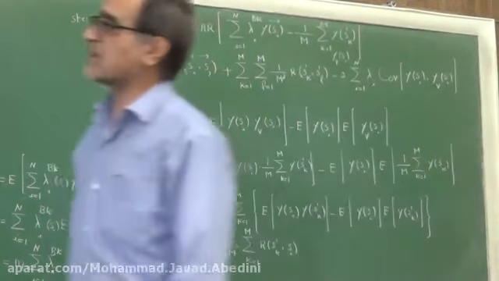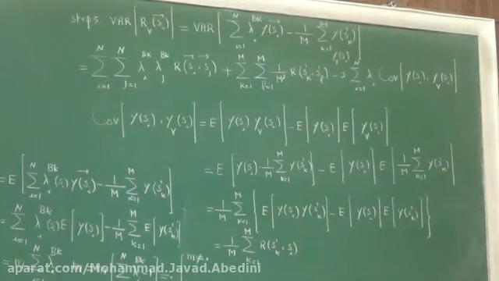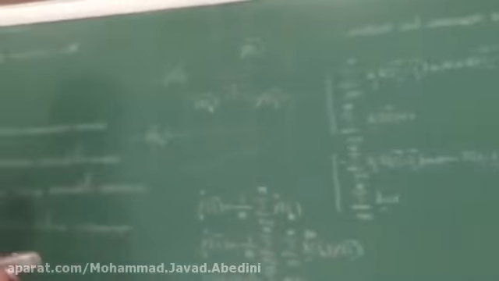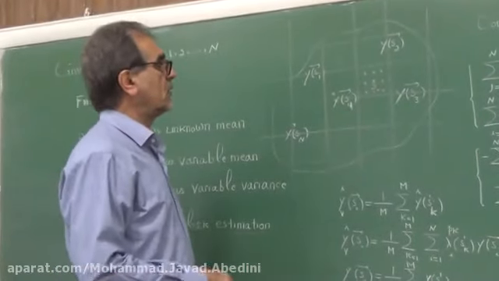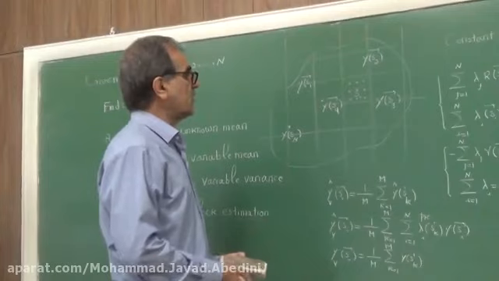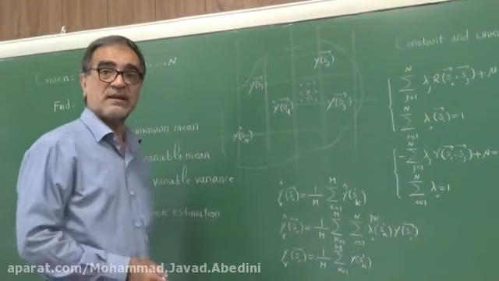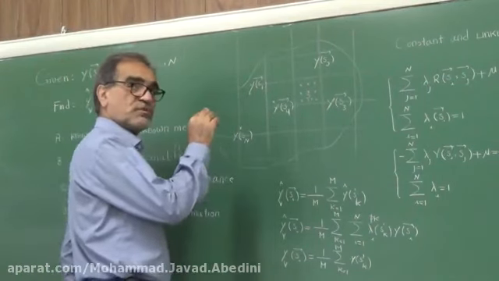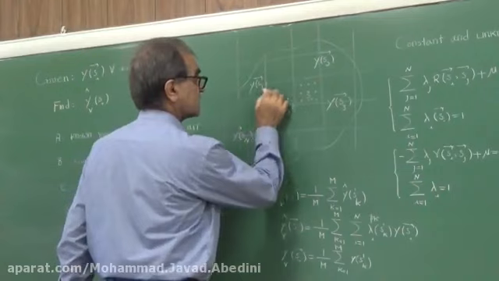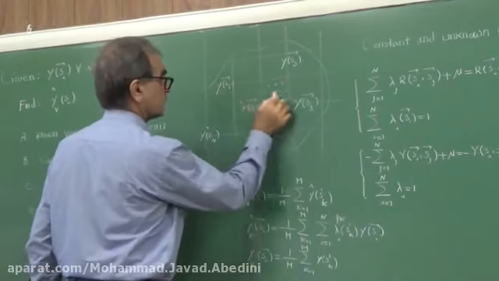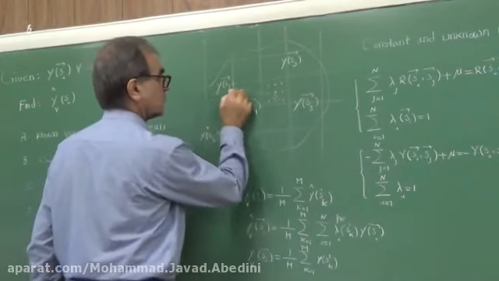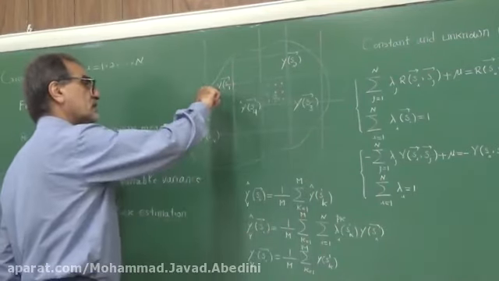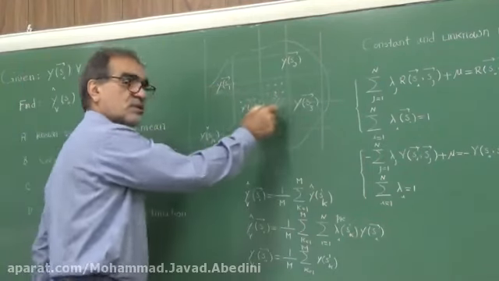Look at my original diagram. If you take a typical i, like i equal to 1, for i equal to 1, you have to compute these covariances. Covariance between S1 and every point inside your block.